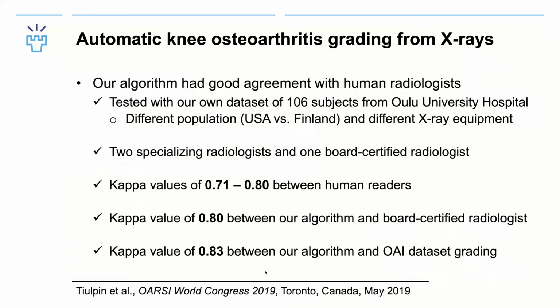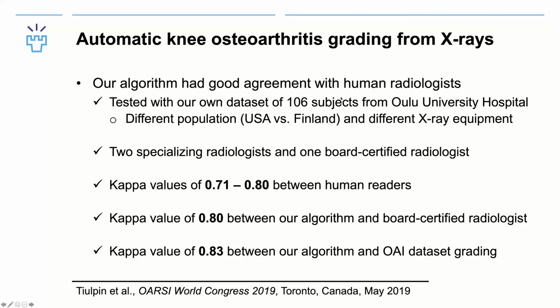And we also showed that this algorithm had good agreement with human radiologists. So we took also our own data set of subjects from our own hospital, and that was even a different population, because the model was trained with the population from the USA, where we were able to extract this openly accessed database.